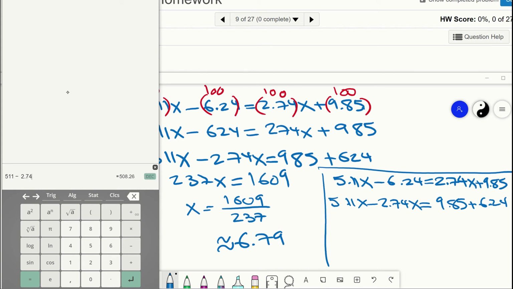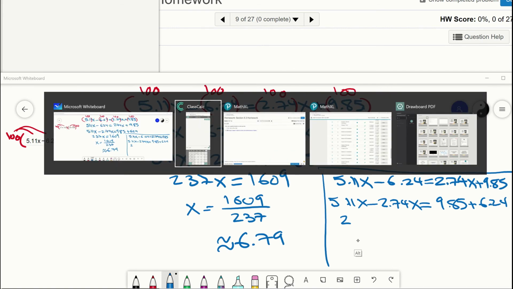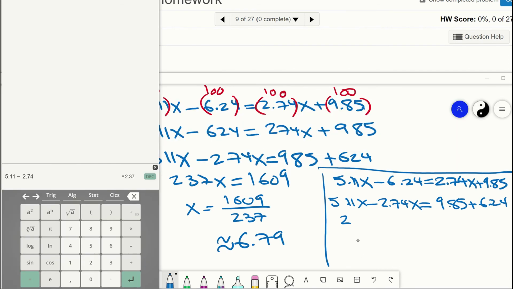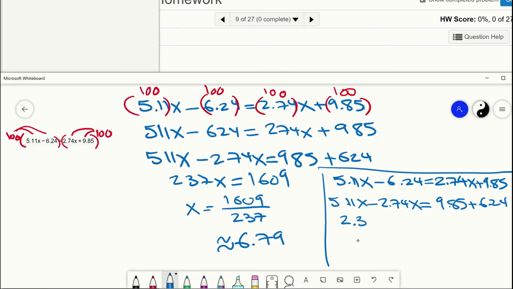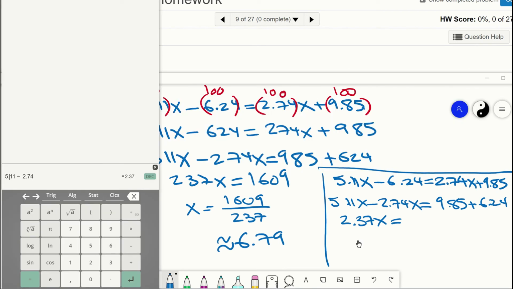That's 508.2. What happened? We put 511, so 5.11. All right, so 2.37. You always want to have common sense as your companion. So 2.37x equals.